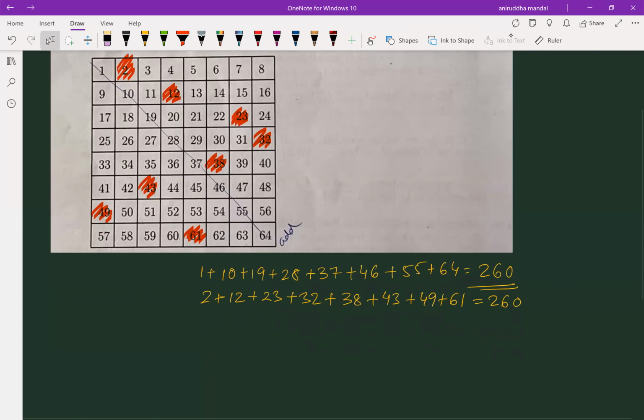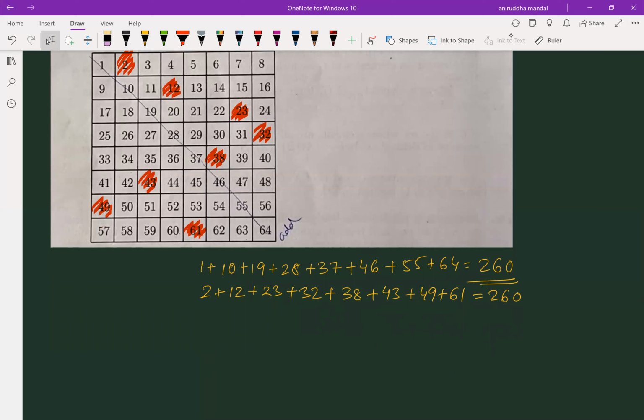We can write this number 1 as the first term, so this is a, and this next one is a plus d, where a and d are both 1. Then a plus 2d, a plus 3d, and so on up to a plus 7d, the eighth term.